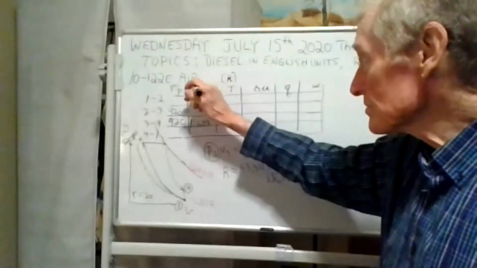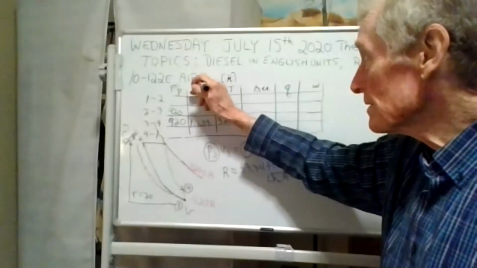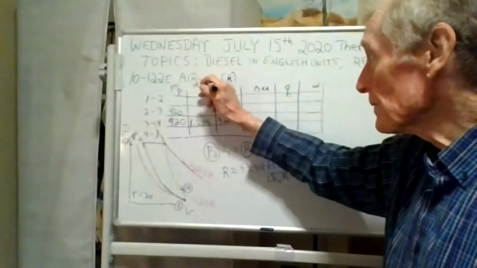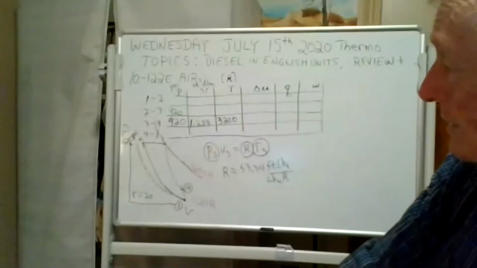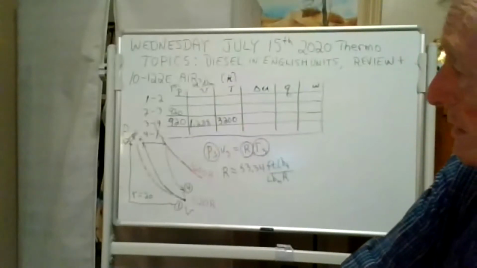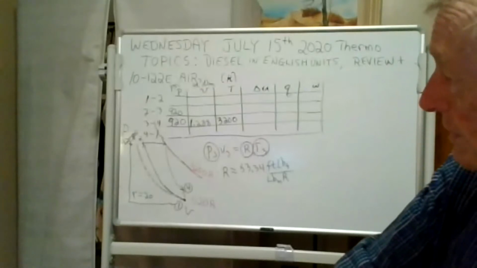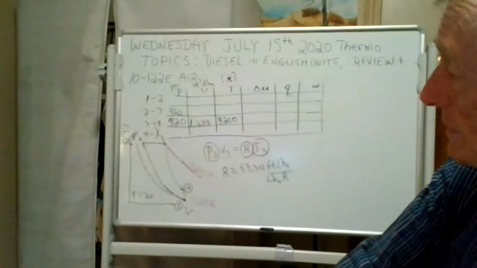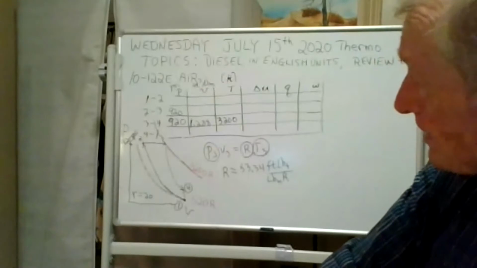Now what those are is cubic feet per pound mass. So we're doing great. That's the specific volume at 3, right? Yeah. Okay.